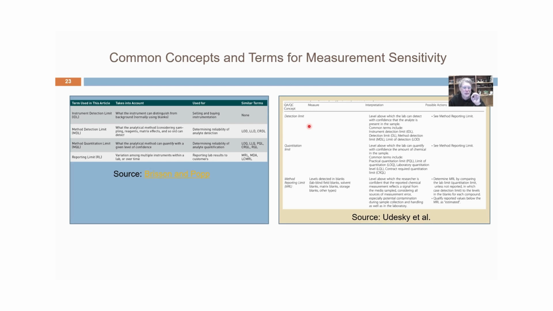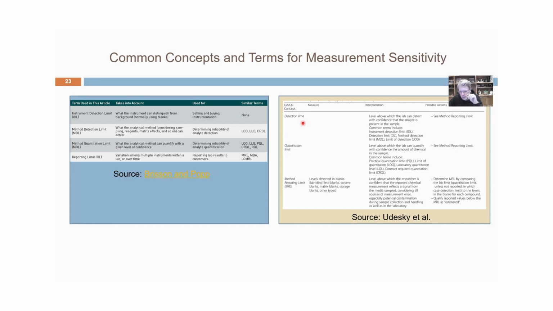The basic concepts conveyed by each table are this: the first concept is one of detection. A measurement method may be able to detect the presence of a substance of interest above the noise in the sample, above the baseline of a measurement method.